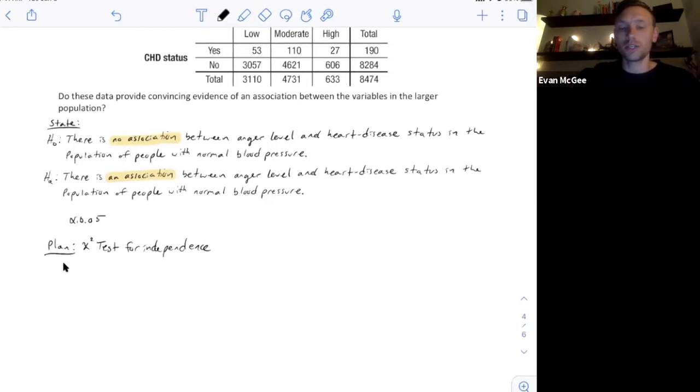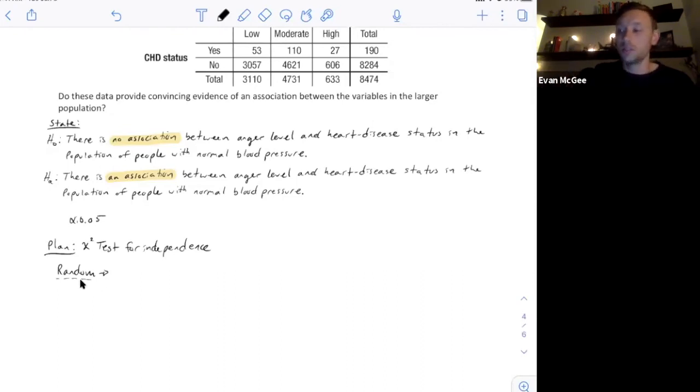So first I'll check the random condition here. They told us that it was a random sample taken from the population. So this is really the key difference for a test of homogeneity and a test of independence. We took one sample from one population here, and it was a random sample. For a test for homogeneity, we're going to take samples from different populations or compare groups from different populations.